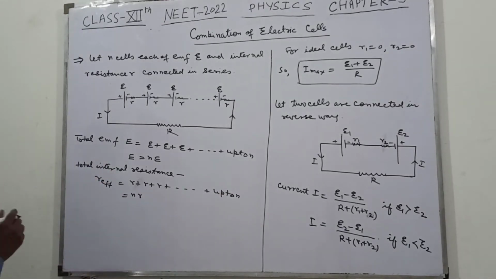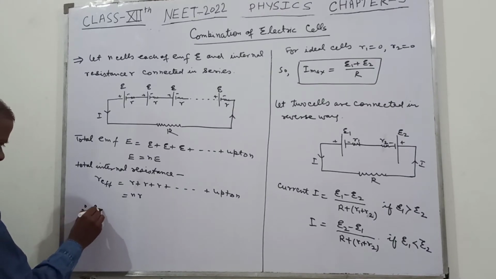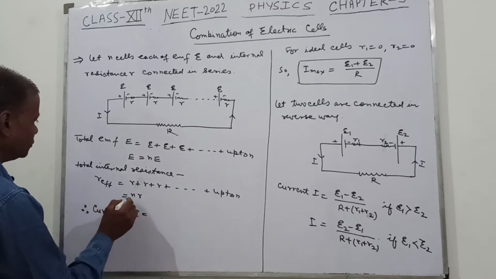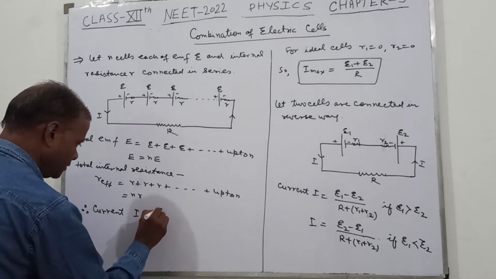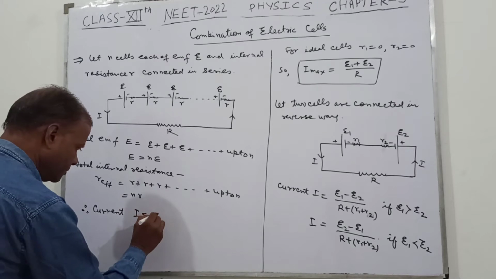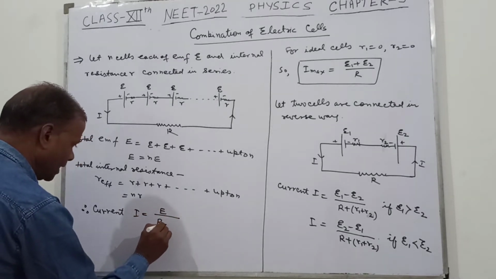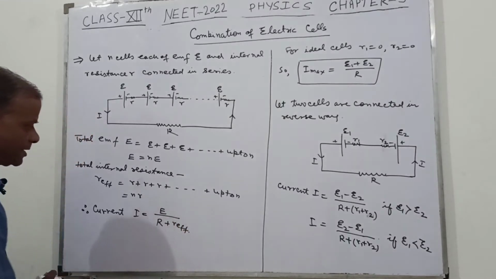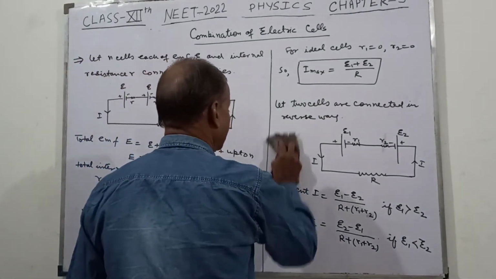Therefore current in the circuit, current I, this is equal to total EMF E upon R plus R effective.